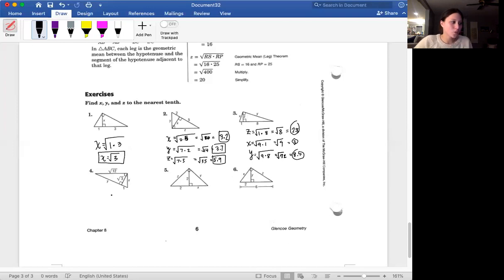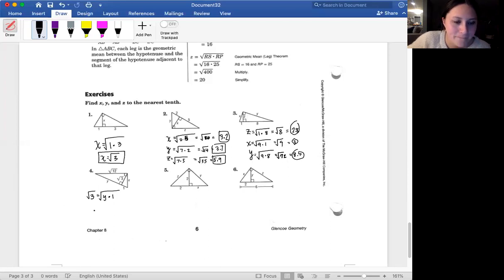Okay, let's take a look at 4. Let's keep filling out like before, okay? Same idea, I just have different parts given to me. Square root of 3 equals square root of y times 1. This leg, square root of 12.